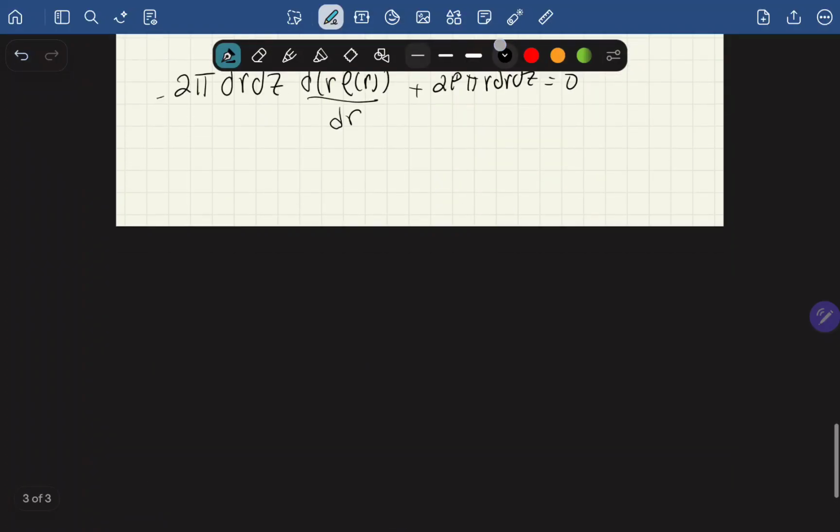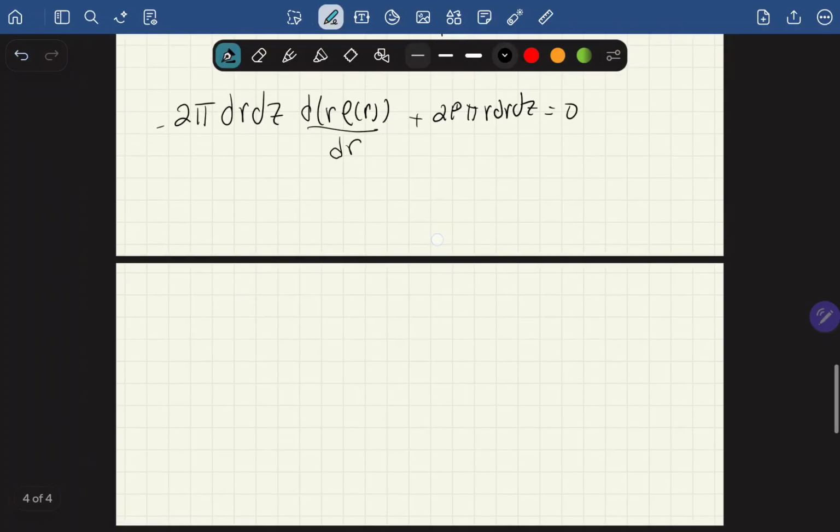So we divide everything by 2 pi r dr dz. This just becomes minus 1 over r d/dr of phi of r dr plus p. So this cancels, this cancels, and this becomes just p, right?